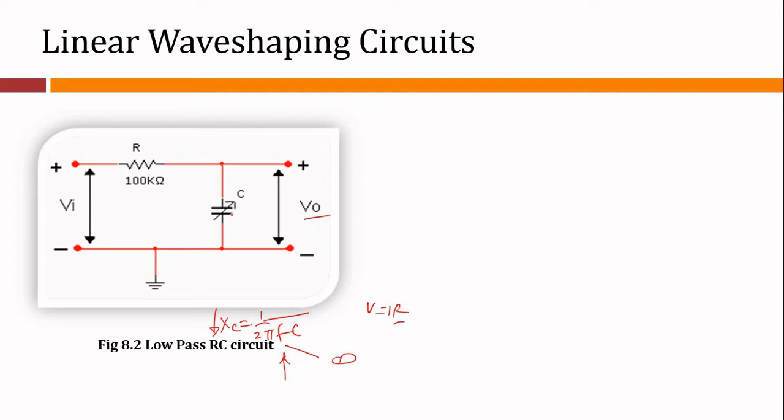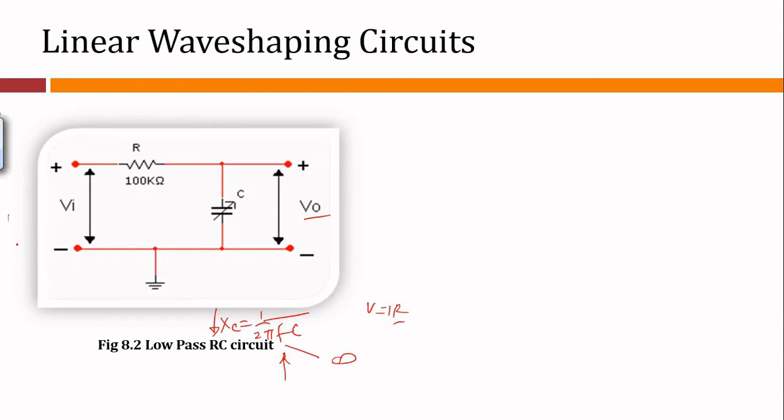So this capacitor has a major role to play. This is a fixed value of resistance. It will always offer some kind of resistance, but ultimately the gain of the output signal depends upon the value of this reactance, which again is a function of frequency.